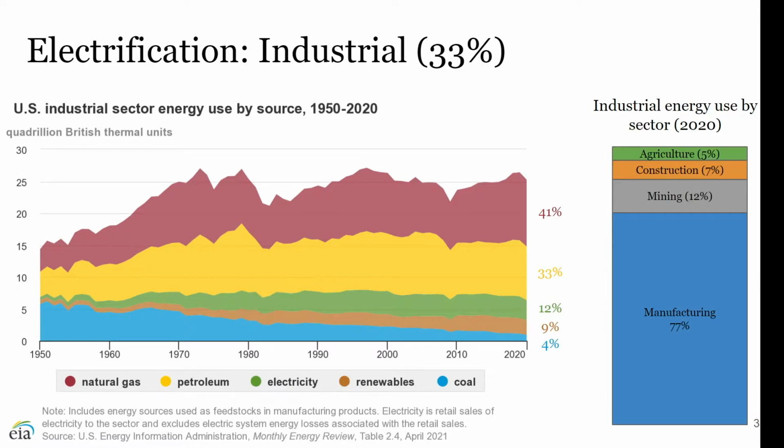So there are a couple things that make this sector particularly hard to electrify. The first is that most of this energy is going to process heat, high temperature process heat, which is not as easy to generate with electricity as it is to generate with burning things.